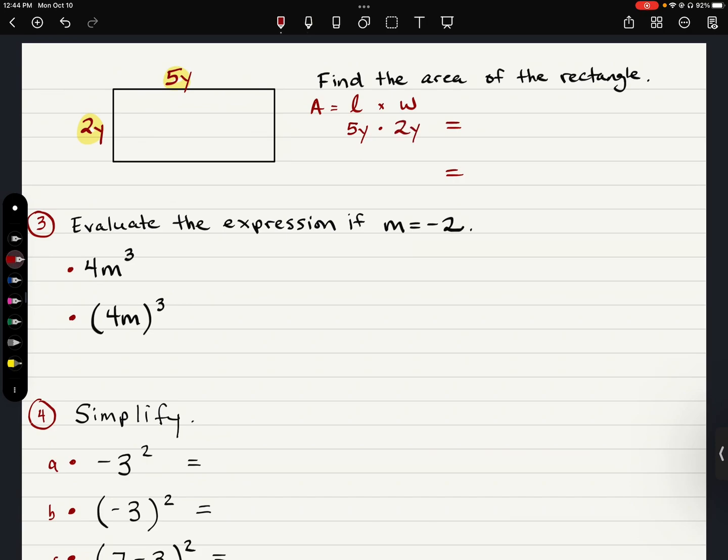So our area is going to equal 5y times 2y, and we can rearrange those, because since everything is being multiplied, we'd say 5 times 2 times y, which is going to end up giving us 10 times y to the second power. And that is the area.